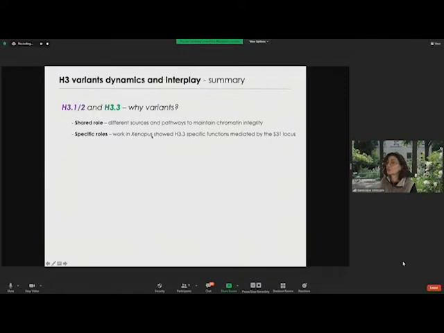So with the work in Xenopus showing the specific H3.3 function at the time of gastrulation with phosphorylation of the S31 locus on H3.3, but with the H3.1 in plants, as I said, for genome integrity maintenance. And for new and old H3.3, why different pathways? Maintenance versus switch of chromatin states, a way to fine-tune chromatin. So these are questions we wish to get at.